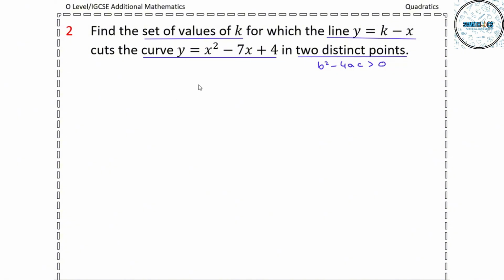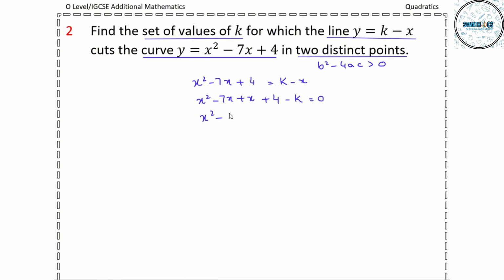So we can write here x squared minus 7x plus 4 is equal to k minus x. We will simplify: x squared minus 7x plus x plus 4 minus k is equal to 0.